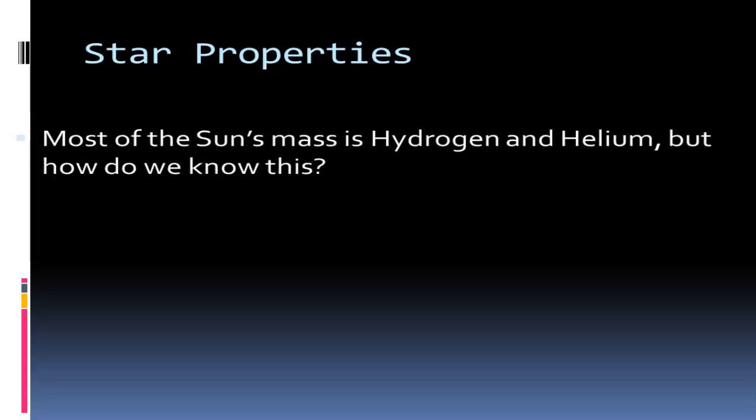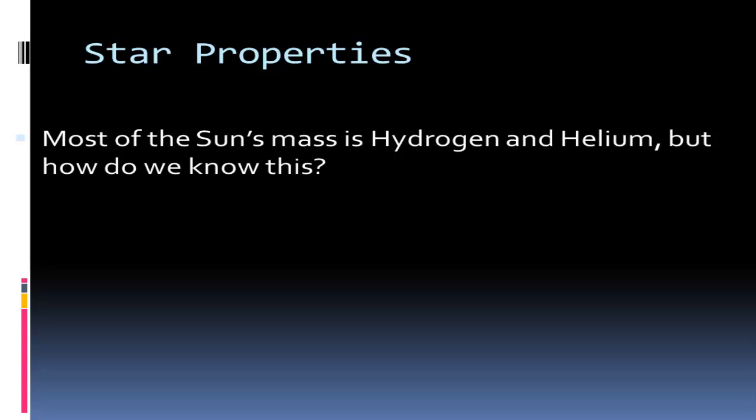So great, we know what spectral classification our star is, but what other information can we get from looking at a star's light? Most of our sun is made out of hydrogen and helium, but we didn't go to the sun and pick this stuff out.